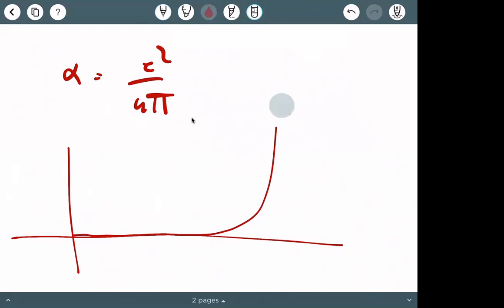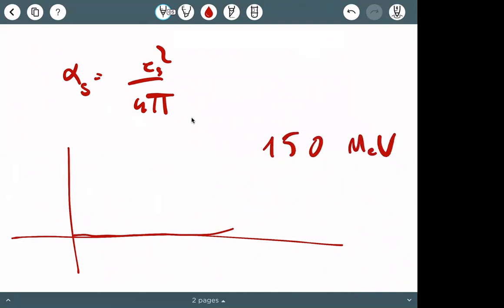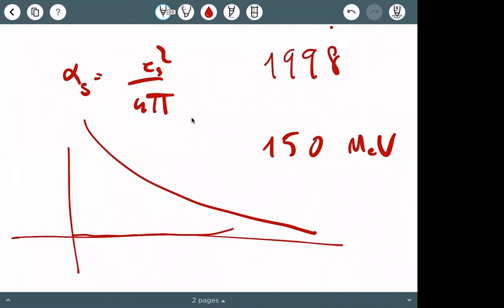So QED is never in the game. But the coupling constant of the strong interaction runs at the scale of 150 MeV typically, which means that if you probe nuclear physics with very high energy, you will have a weak coupling between particles that are strongly interacting, quarks and gluons. But if you probe it with low energy, you will see a strong coupling. So in other words, when quarks get very, very close to each other, they interact very weakly. And when they're far away, they interact very strongly. This is the Nobel Prize for Physics, I guess, in 1998.